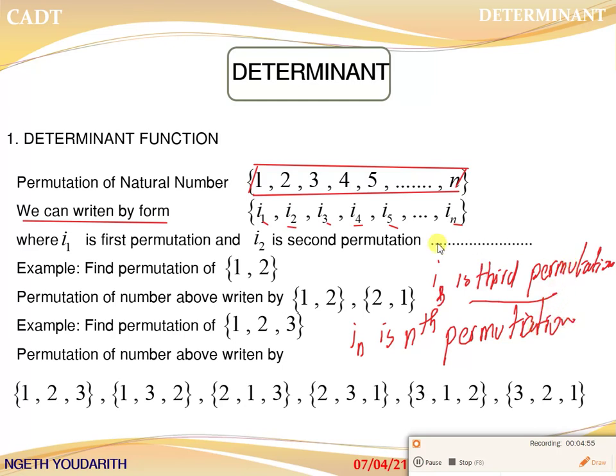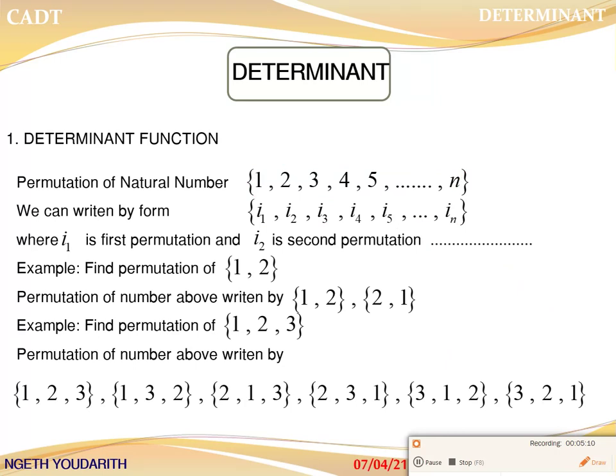This is the kind of listing by I1, I2, I3 until In.